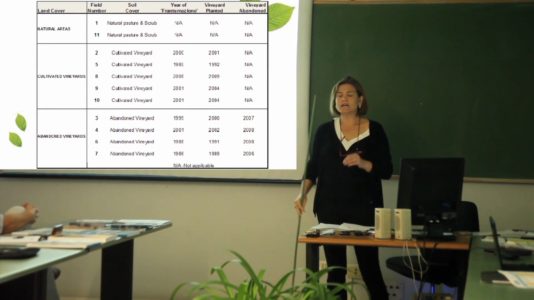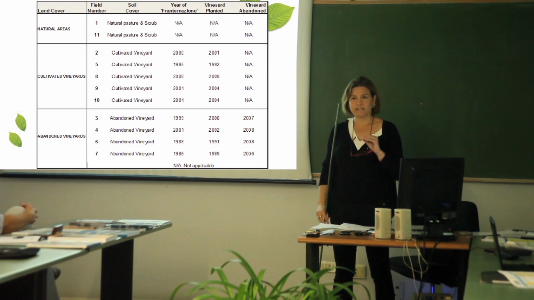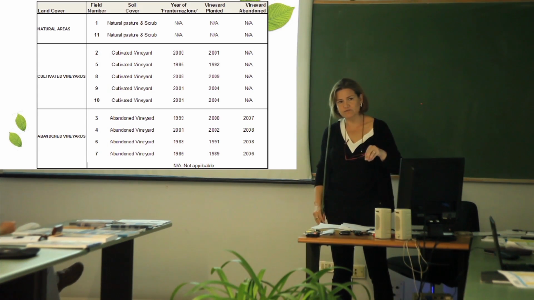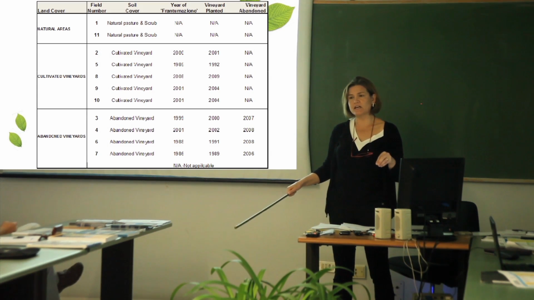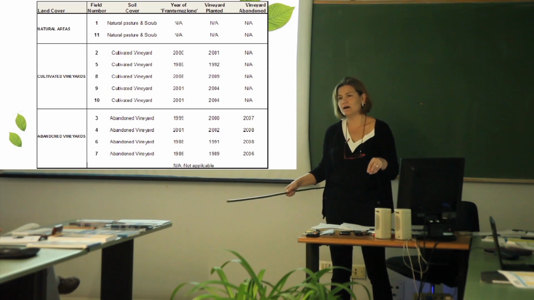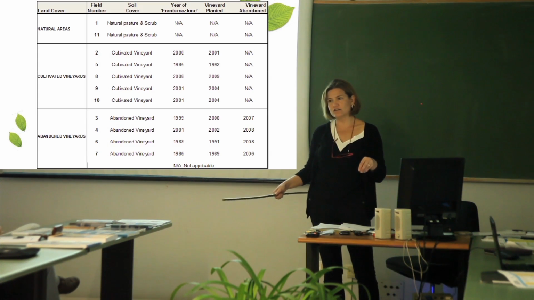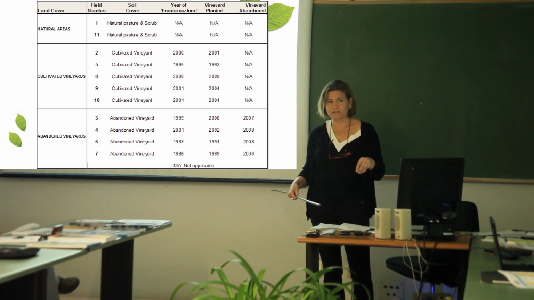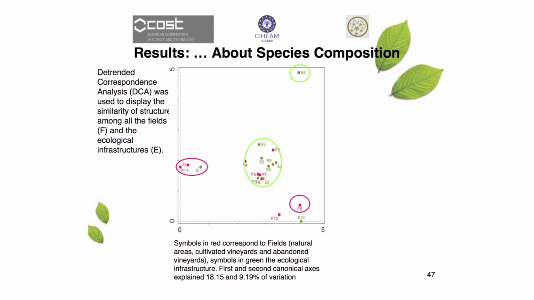So as long as one field is cultivated, the difference between the flora inside the field and the corresponding ecological infrastructure increases. So the value of ecological infrastructure is higher because in the ecological infrastructures we find species that cannot be found anymore in the fields. And the value of the fields in terms of biodiversity decreases a lot, as we could see from the pictures.